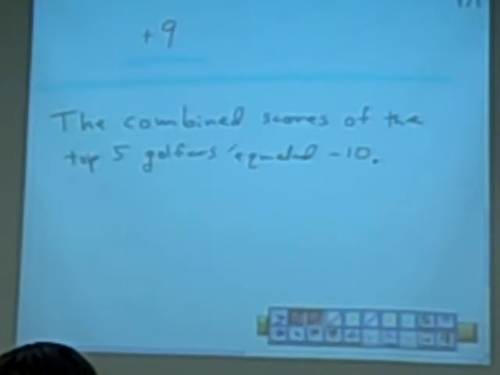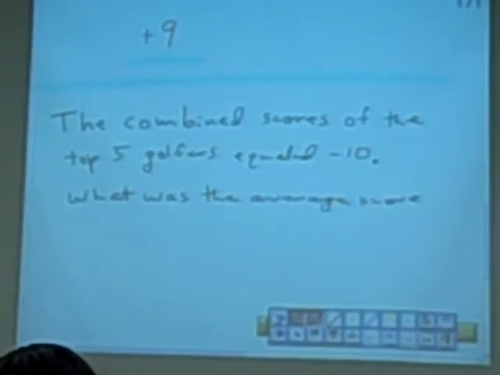What was the average score of the golfers? So we want an average score.